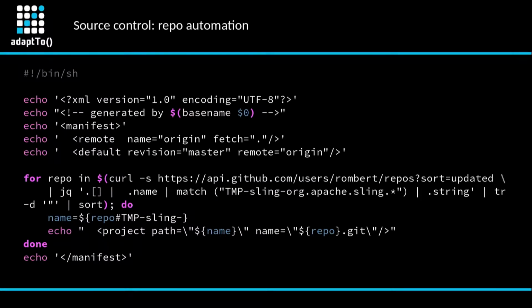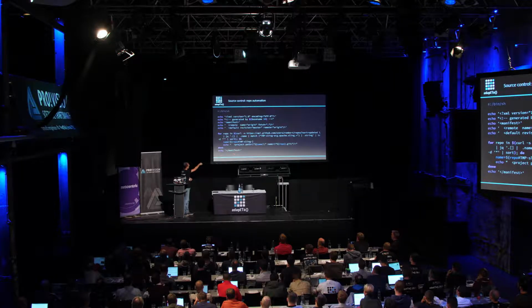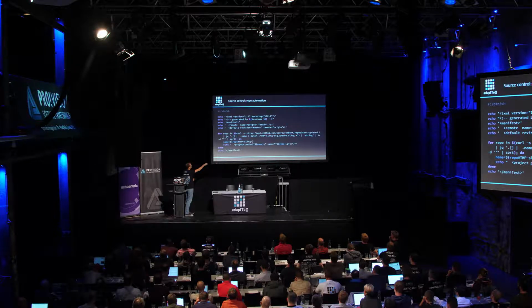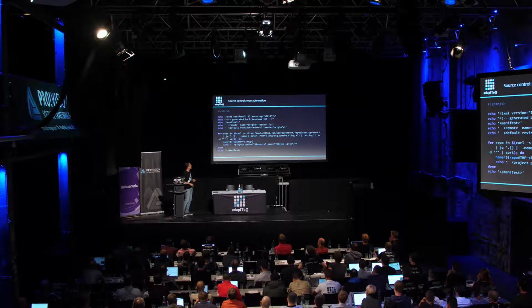So I was mentioning the automation. Here is a very short and, I think, readable shell script which generates this XML boilerplate. You have the preamble, the ending, and you do a little for-each on a curl call to GitHub. Right now I have this experiment we're doing in Sling for converting Git repositories.